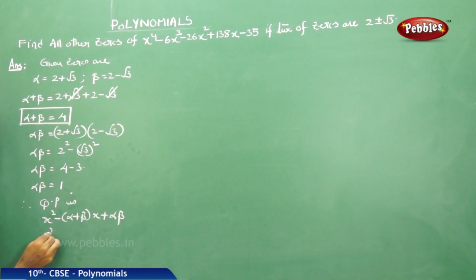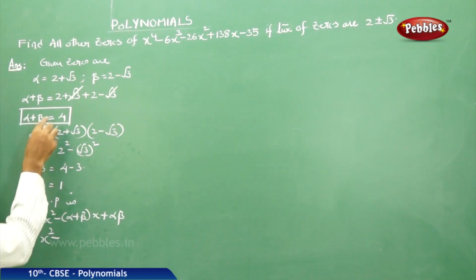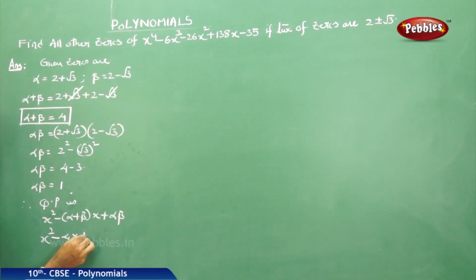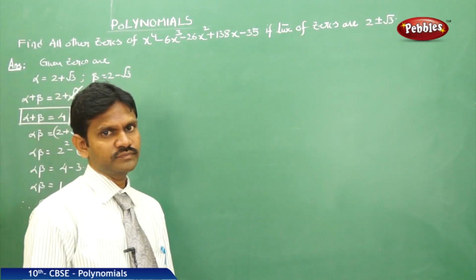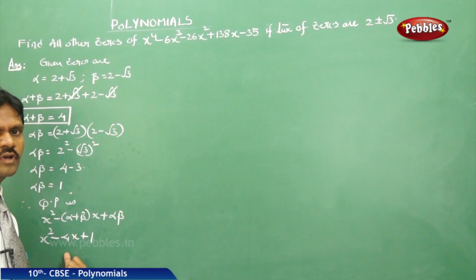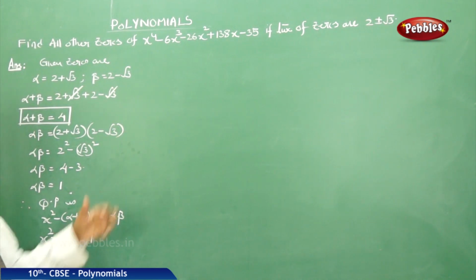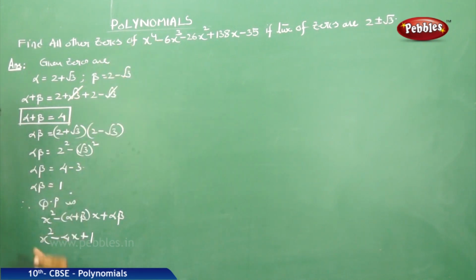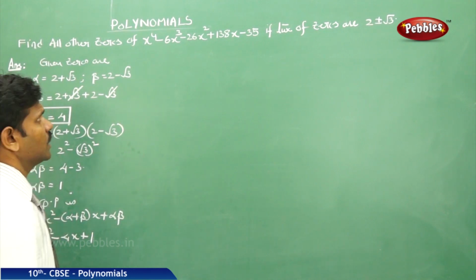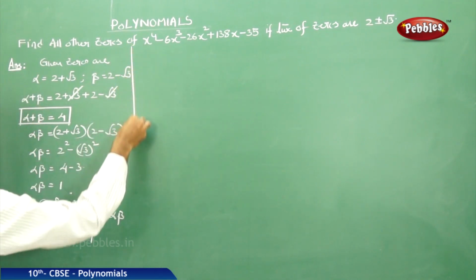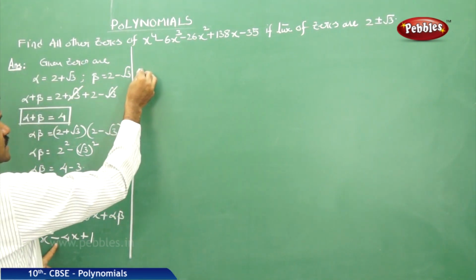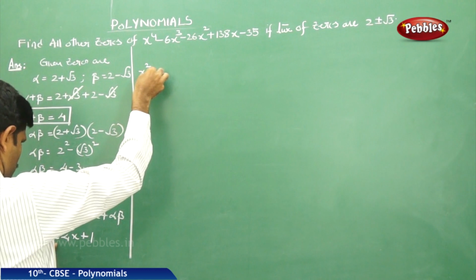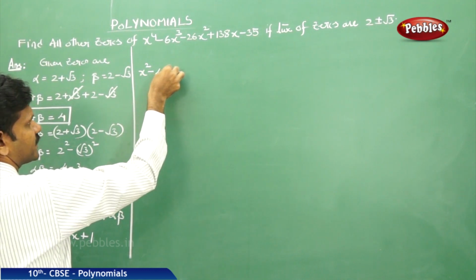That is x square minus alpha plus beta, nothing but 4x, plus alpha beta, nothing but 1, which is the required polynomial. Now this is your new divisor. Your dividend is this one. With the help of these two, you can find out the other two zeros. Okay, let us follow that one. Now your divisor is x square minus 4x plus 1.